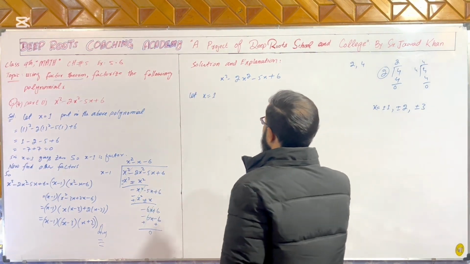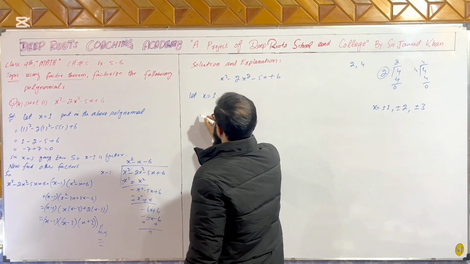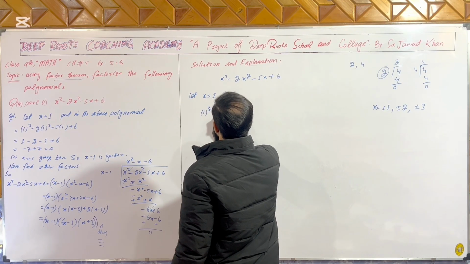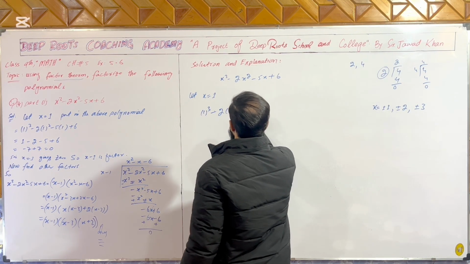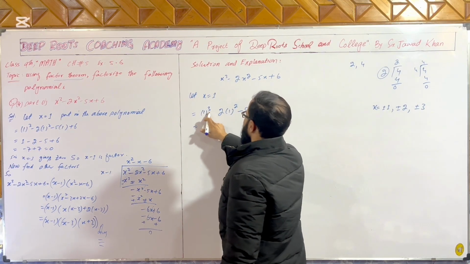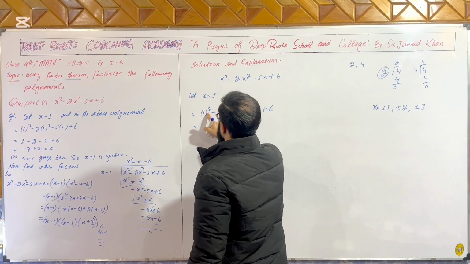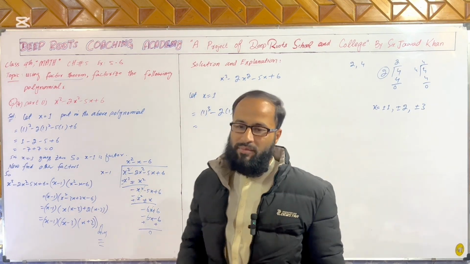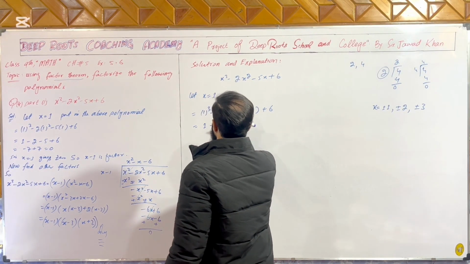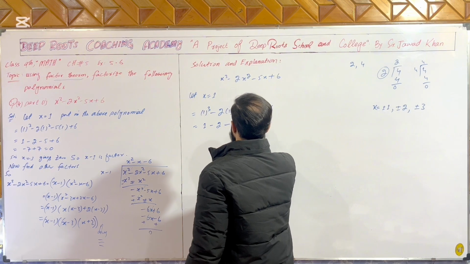Now I am showing you, I am putting x is equal to 1 here, so it will become 1 cube minus 2 into 1 square minus 5 into 1 plus 6. Now check whether it gives us 0 or not. So 1 multiplied 3 times will again give us 1. 2 multiplied by 1 square will give us 2. 5 ones are 5 plus 6.